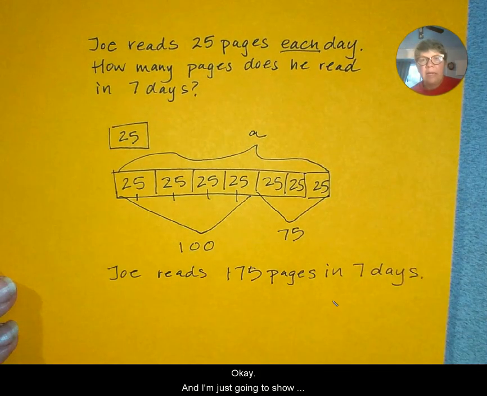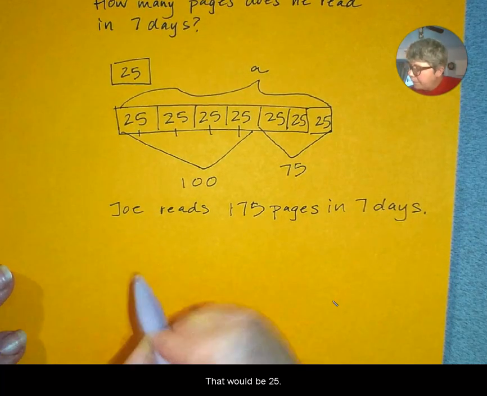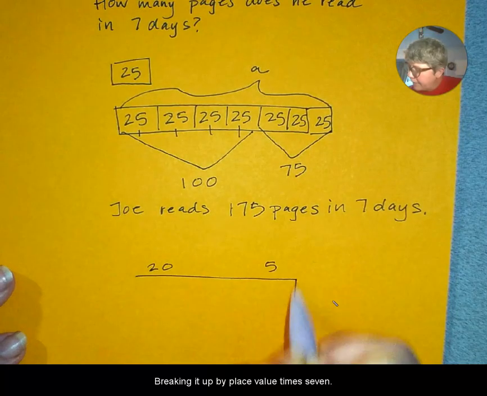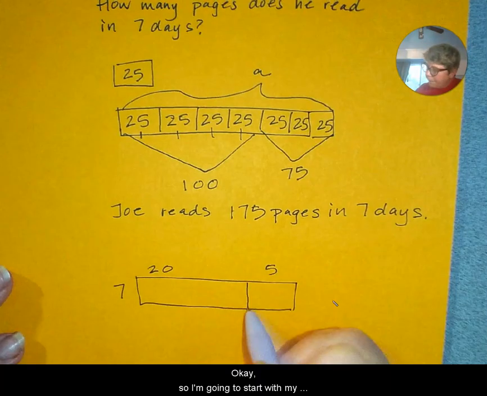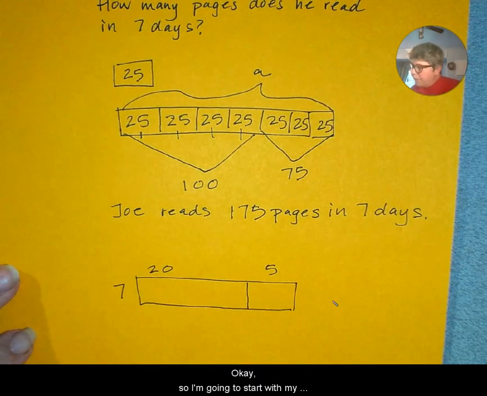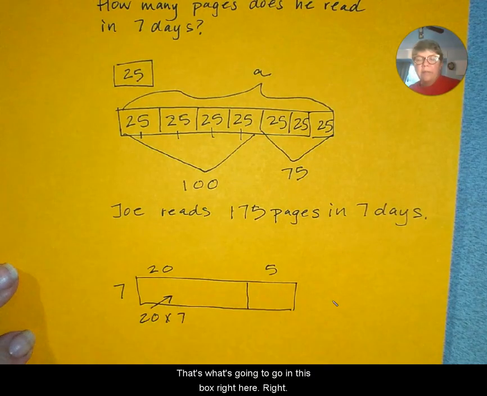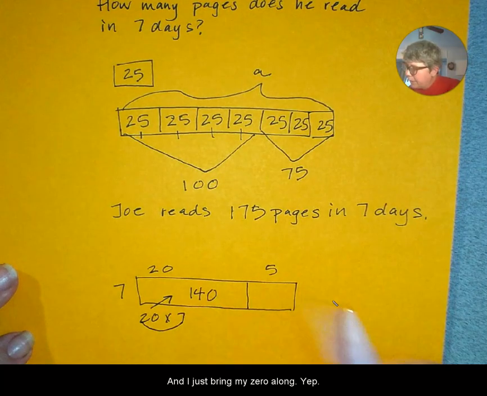Okay? And I'm just going to show you an area model real quick to go with that. That would be 25, breaking it up by place value, times 7. Okay? So I'm going to start with my 20 times 7. That's what's going to go in this box right here, right? So 2 times 7 is 14, and I just bring my 0 along.